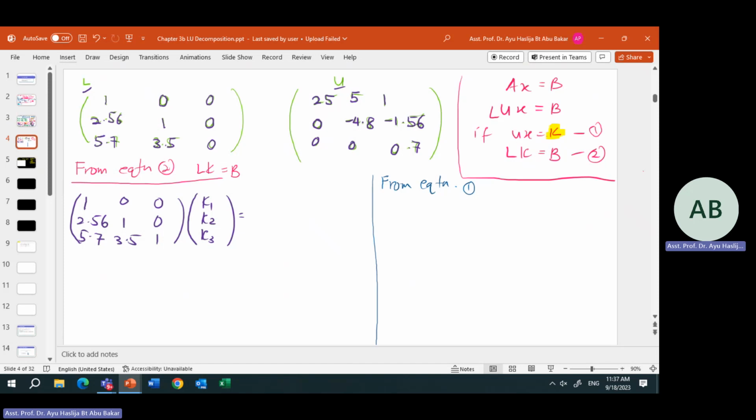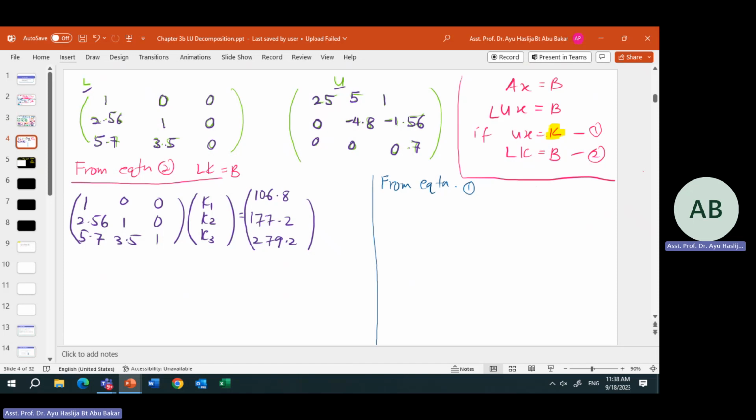B is the known value from the given equation, this one. So this is your B.